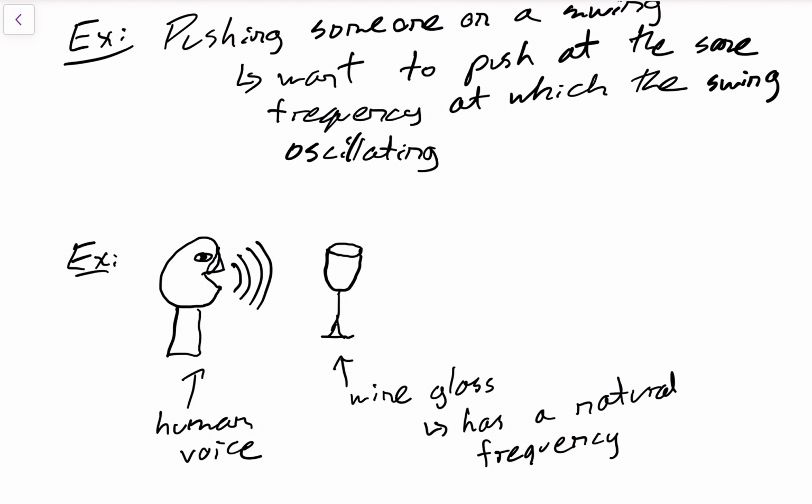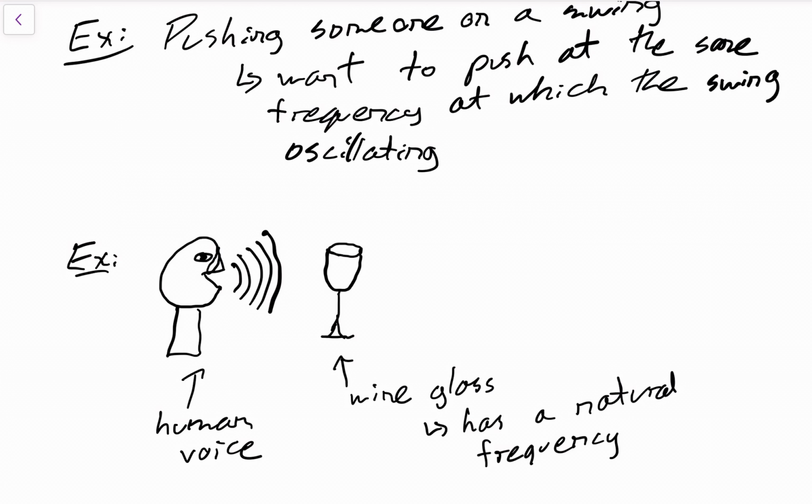So this is why you are able to break wine glasses with your voice: you apply a force, in this case in the form of sound waves, at the same frequency as the natural frequency of the wine glass.